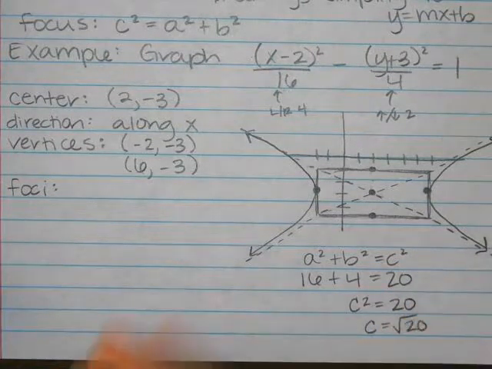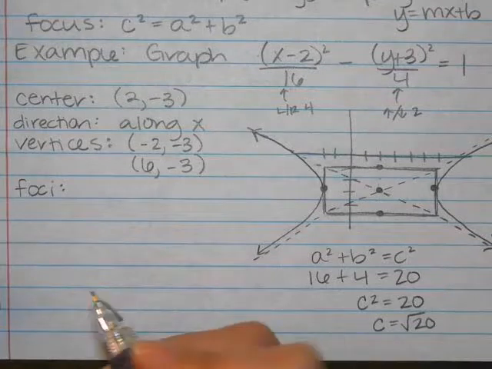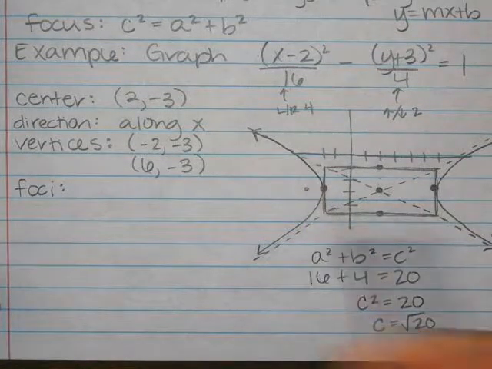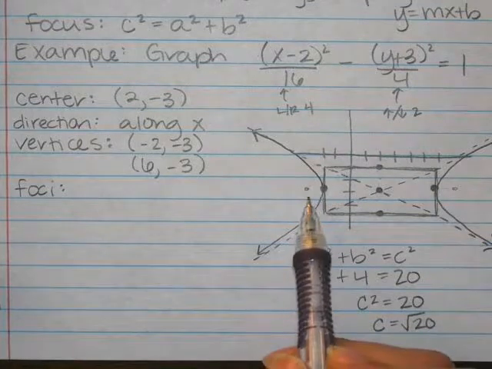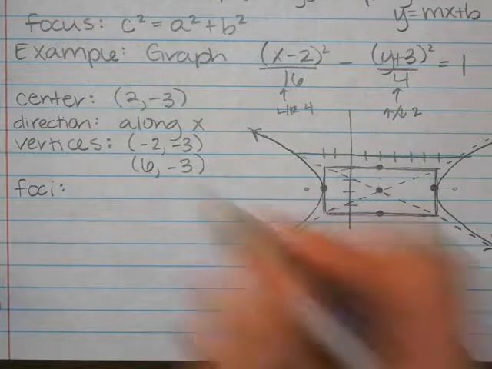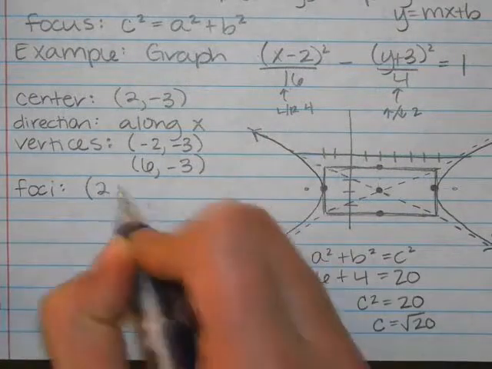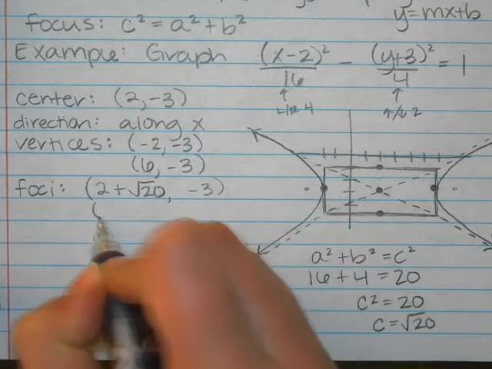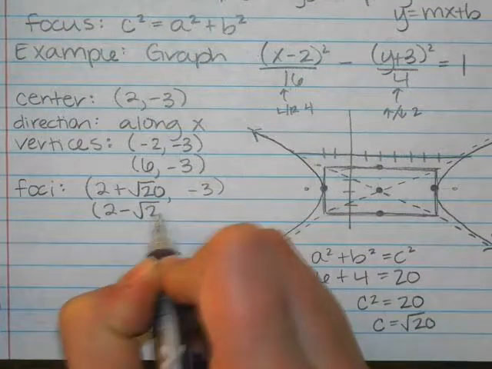Square root of 20. And so that means the focus is always going to be inside of the parabola shape right here. So that means that the focus is going left and right from the center. And so we're going to write the center coordinate, the 2, and we're going to say plus square root 20 and 2 minus square root 20.